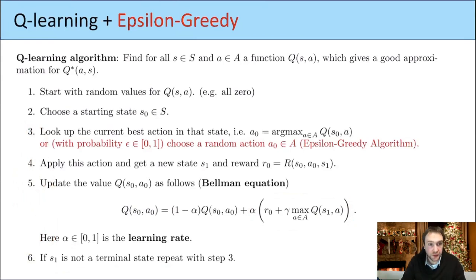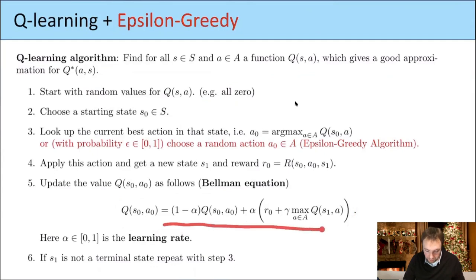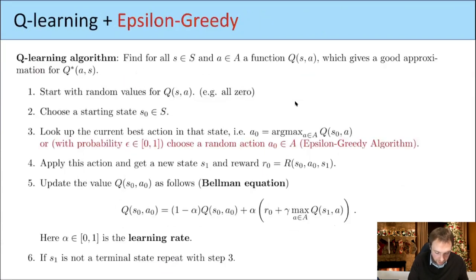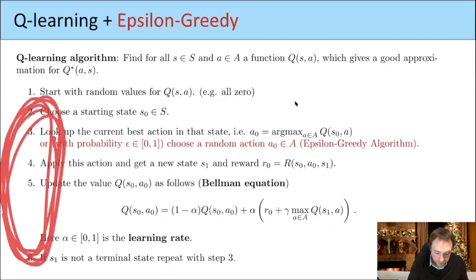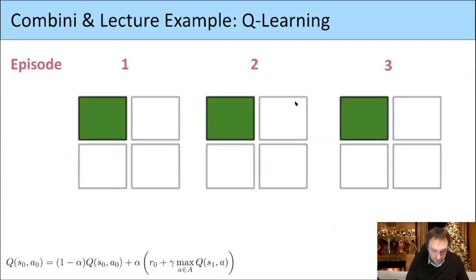Okay, so let's do this. So now let's try to understand this formula here. So why does this update using the so-called Bellman equation lead us slowly to these orange numbers we want? So in the first episode, by episode I mean doing a complete run and ending at some terminal state. This will be one episode.